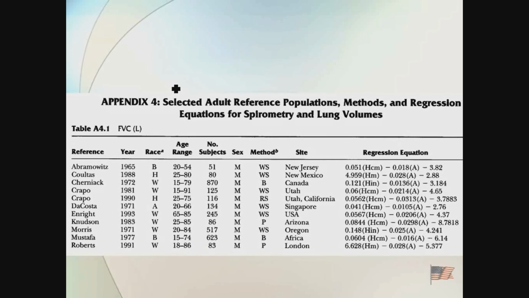Again, Crapo was the one that was measured in Utah in the Mormon population. But there's a bunch of them out there that you can use, and usually in a pulmonary function lab, the medical director of the lab will say, we're going to use this. And it's just kind of an accepted process.